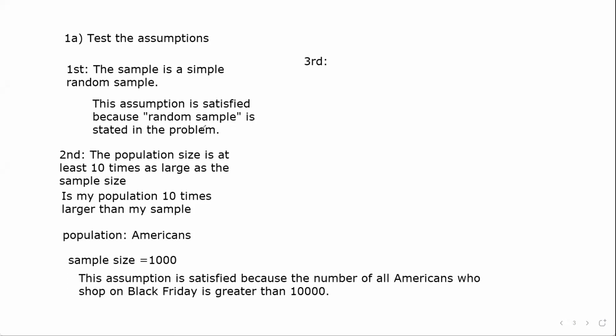Because your assumption here, let me write it. Your assumption is you're going to test the products. We have to test NP. NP should be greater than or equal to 10. And these both have to work.